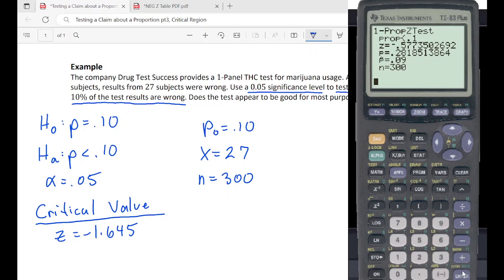And that's going to give us a test statistic of negative 0.577 and a p-value of 0.2819, but we're only concerned with the test statistic, but I'll write both in anyway. So the test statistic, since it's a left-tail test, is negative 0.577.